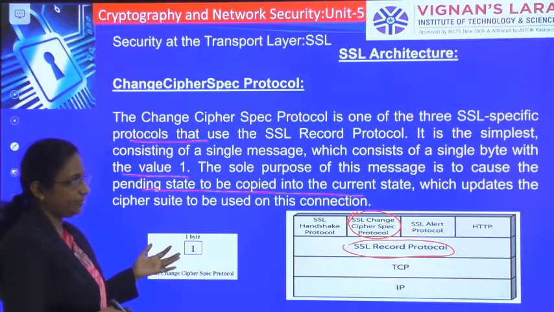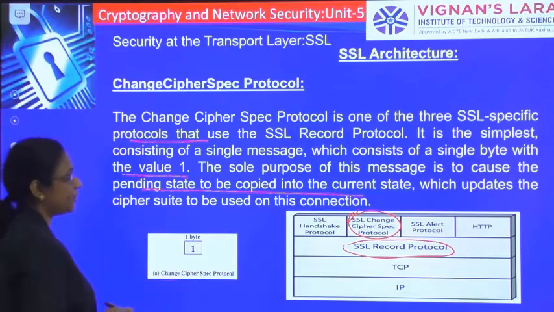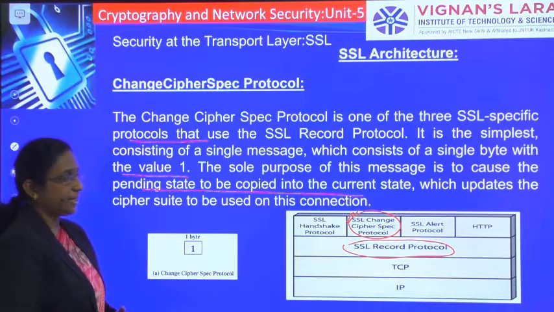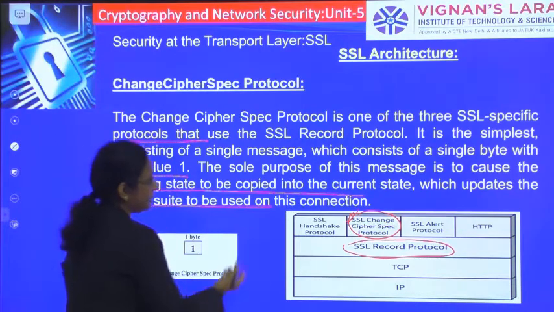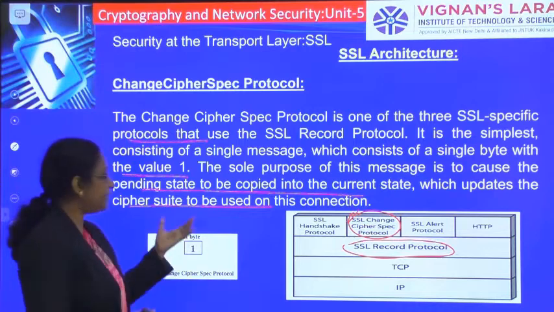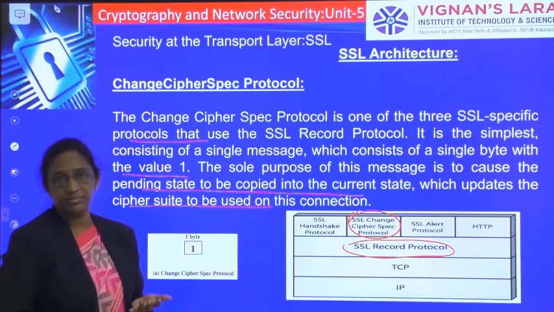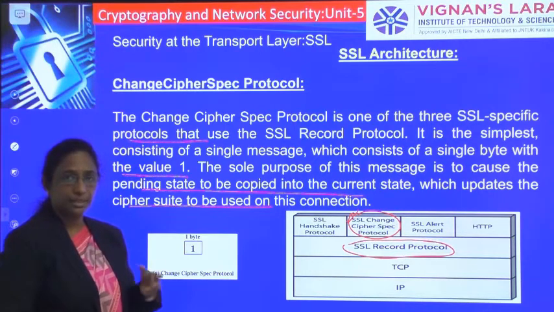The purpose of this message is to cause the pending state to be copied into the current state, which updates the cipher suite to be used in this connection. What is a cipher suite? It is the set of encryption algorithms, keys, and hash algorithms that you are using.